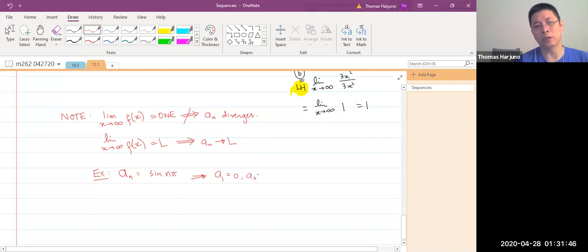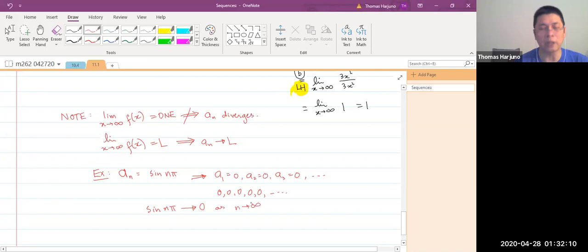A sub 2 is 0. A sub 3 is 0, and so on. So this sequence is actually 0, 0, 0. The first term, second term, all terms are 0, right? So you can see directly that sine n pi converges to 0 as n goes to infinity, right?